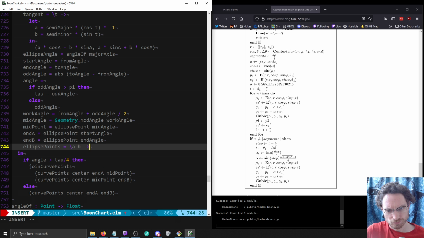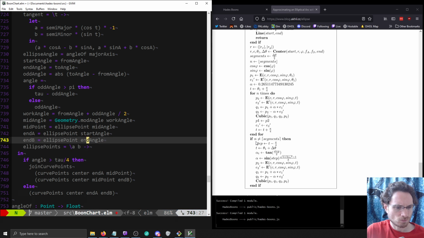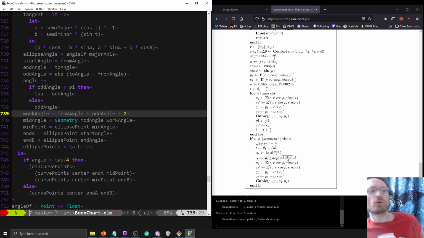Okay. So this is going to need to do the gap between the two angles, which we have our total angle here. From angle, that is... so both of these are going to be odd angles.